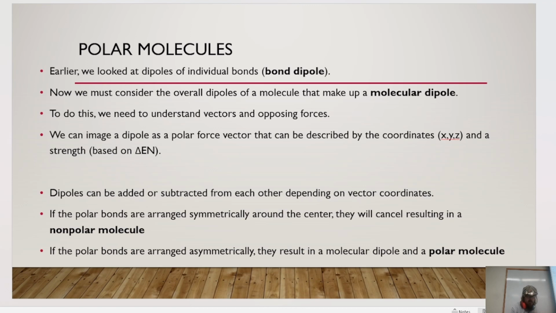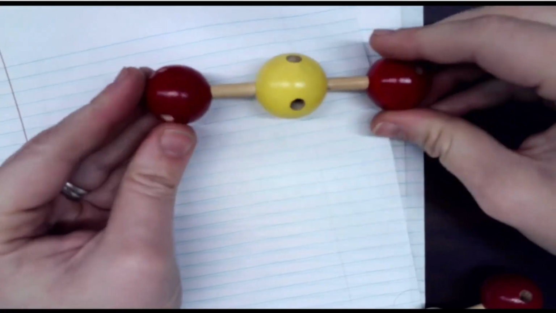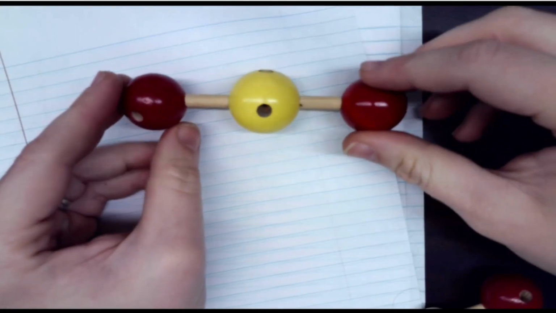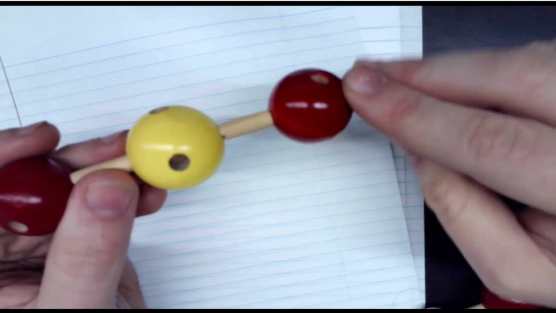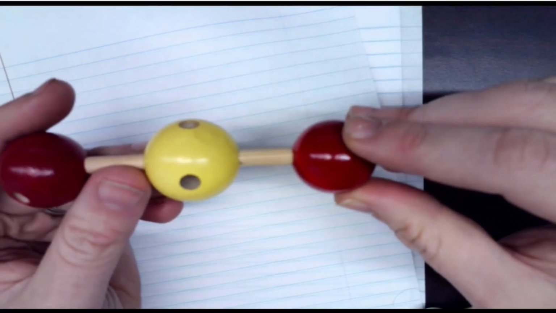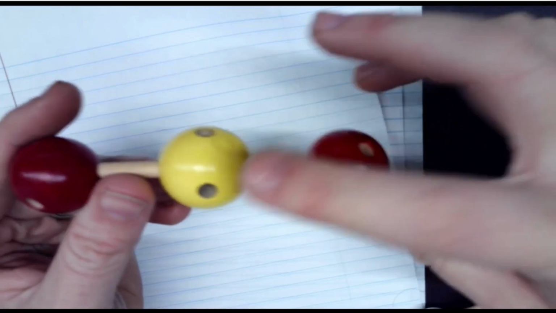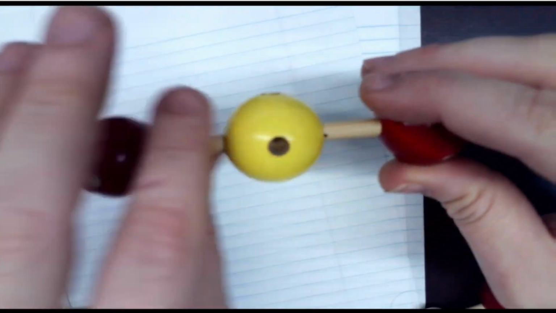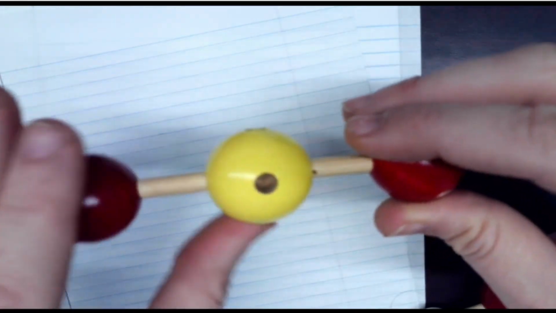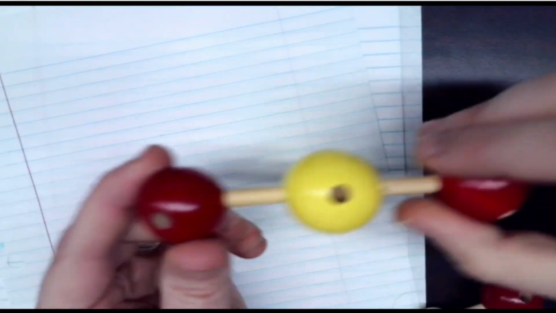So I just want to jump to the dock camera real quick just as an example. So if we have a structure like this molecule, even if the yellow to red bond is particularly polar, where you would call this a very polar bond, because this guy is pulling equally the other direction, this doesn't move one way or the other.